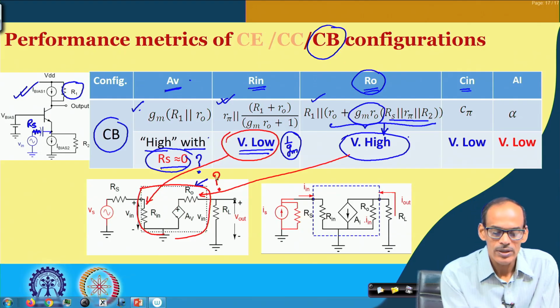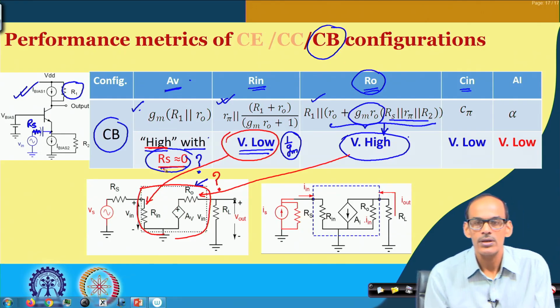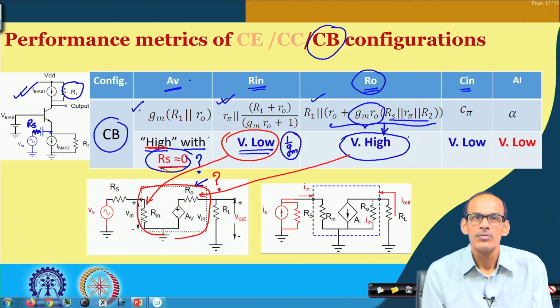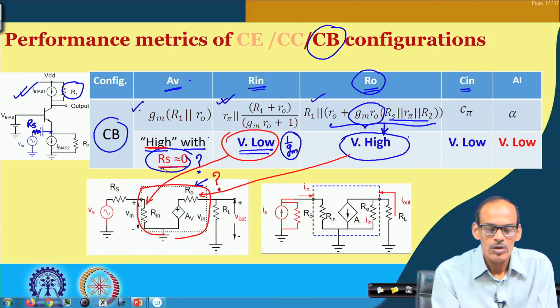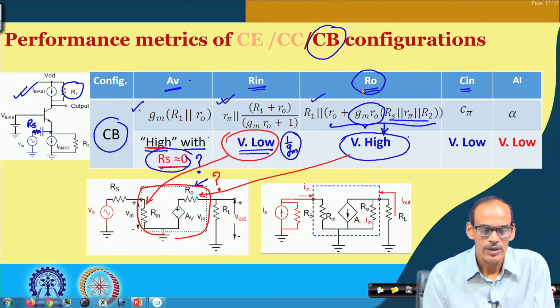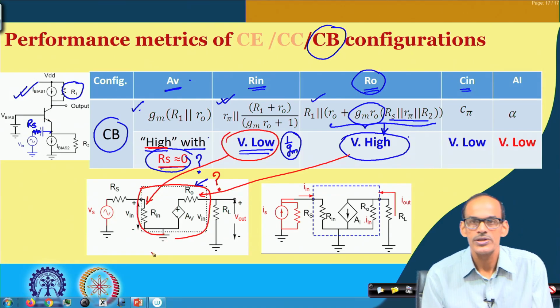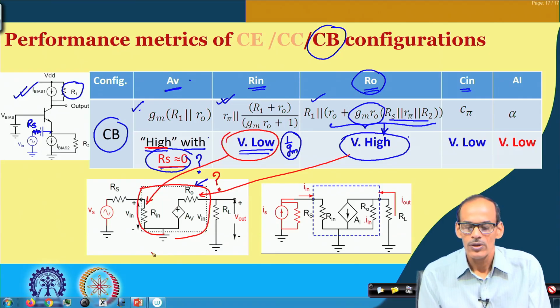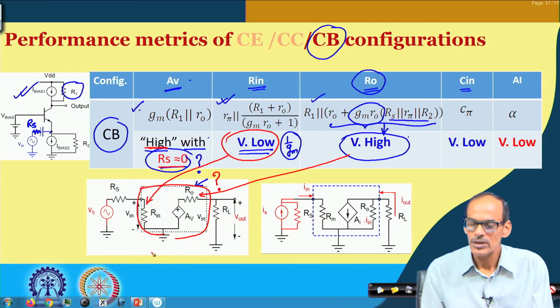Even though we are saying the gain is high, it is only in the hypothetical situation where R s is 0 that we are getting high gain. So, all of the 3 parameters are not supporting using this CB configuration as a voltage amplifier.